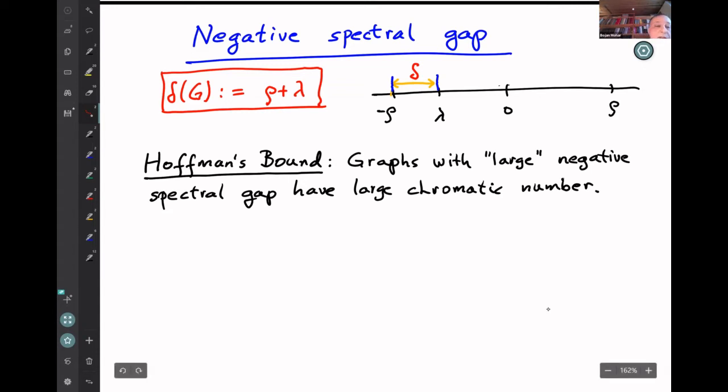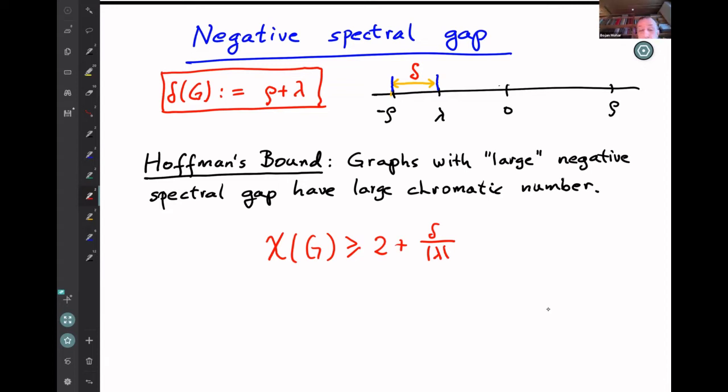Let me just remind you about Hoffman's eigenvalue bound. It says that if this gap is large, then the graph must have large chromatic number. The corresponding theorem says that the chromatic number of a graph G is at least 2 plus delta divided by the magnitude of lambda.